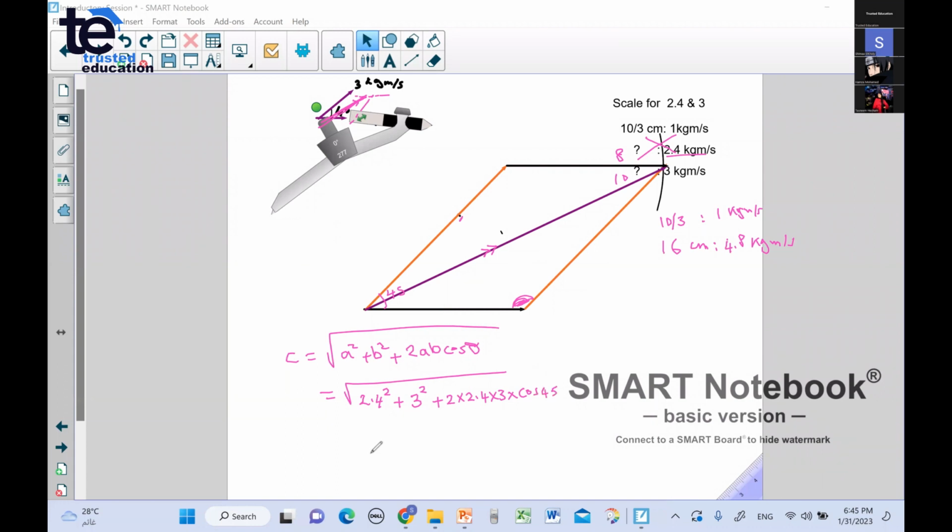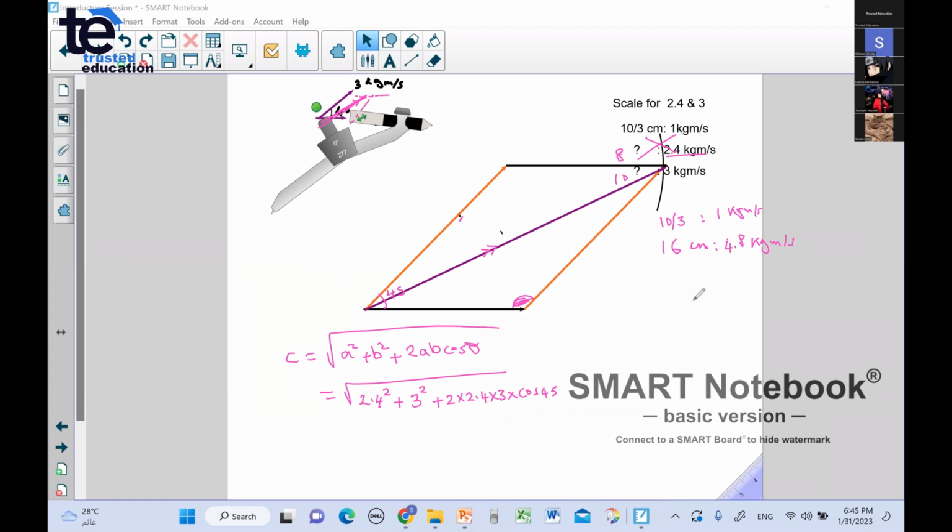Now, use your calculator for the cosine.